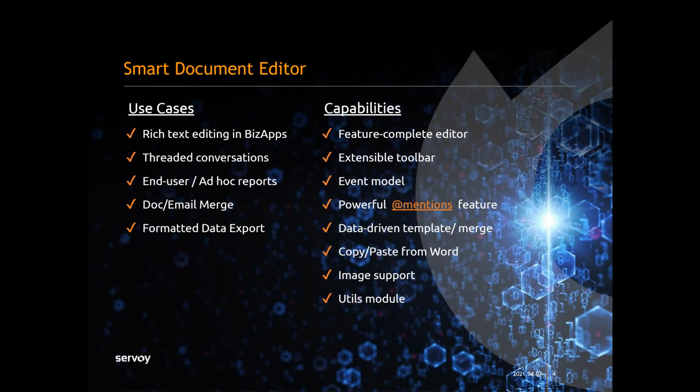Some of the use cases I like are threaded conversations or activity digests, things like that. I think the most powerful one, and the one that appeals to a lot of customers I've spoken with, are ad hoc reports. So when an end user has control over the way a printed document looks, then it's quite nice. Of course, you can merge the docs and email them or archive them or put them on a website.